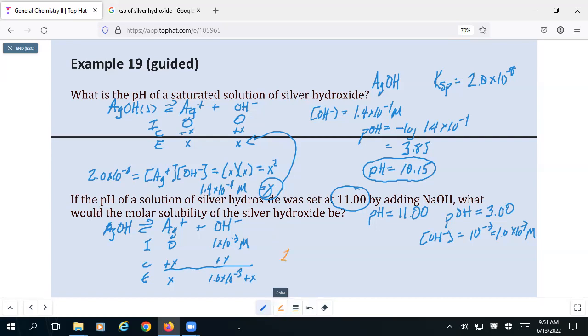Ksp still 2 times 10 to the negative eighth. This time it's equal to X times 1.0 times 10 to the negative third plus X.